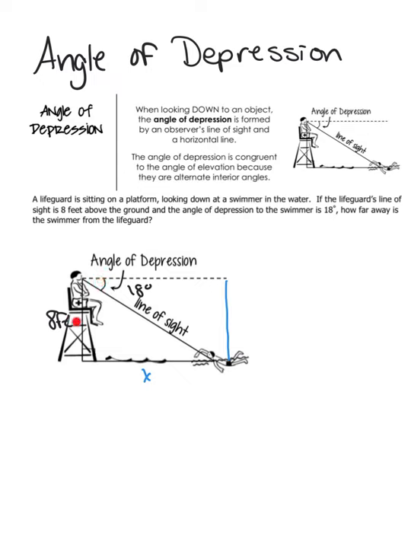And if I remember things about a rectangle, I remember that opposite sides are congruent and that all my angles are 90 degrees. Okay, but this angle right here, my angle of depression, that's the one I want to focus on. So based on this angle, and now I'm going to focus on this right triangle.